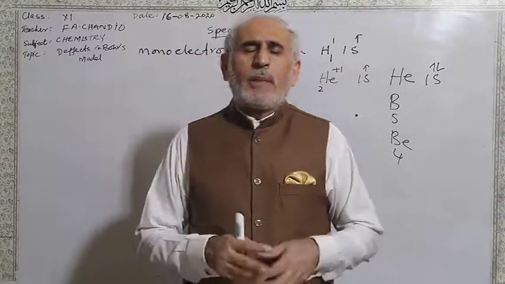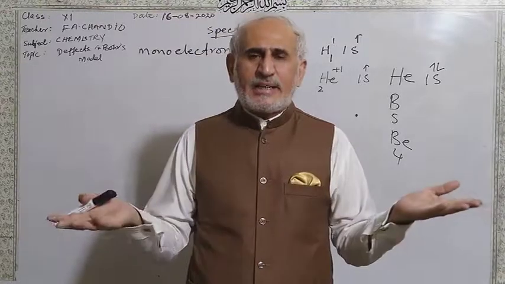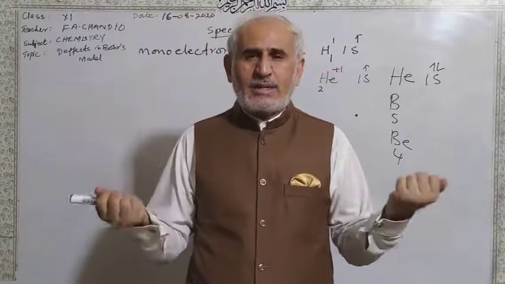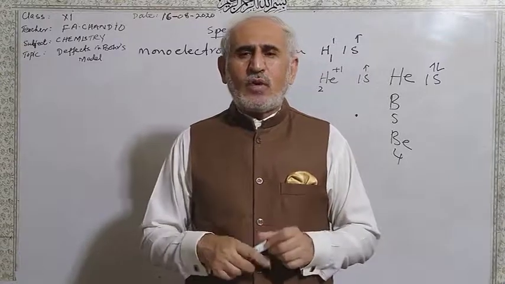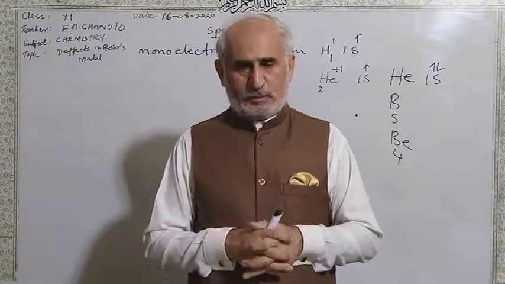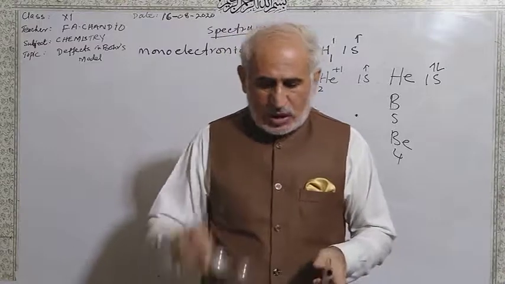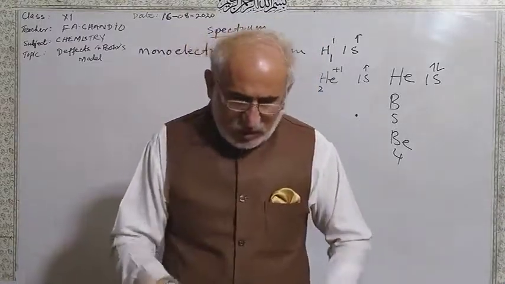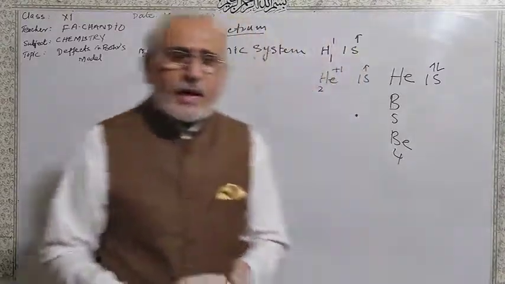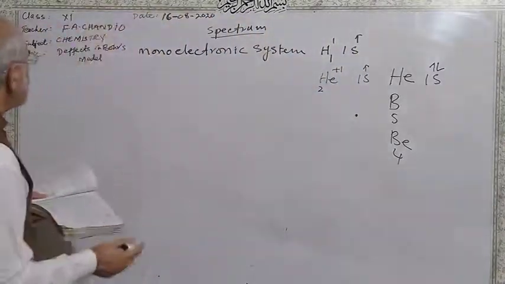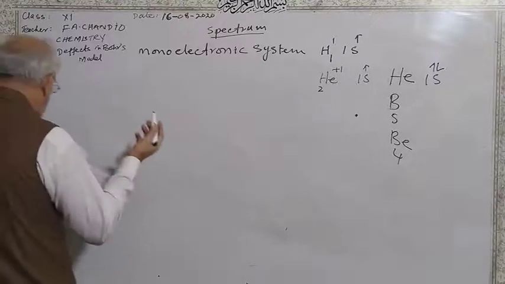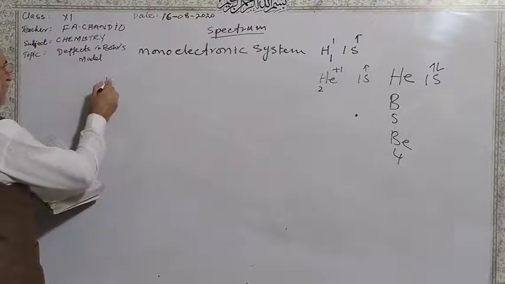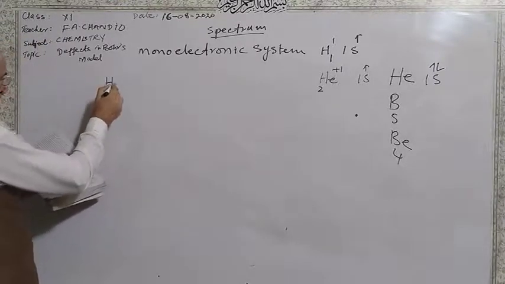Now, dear students, the majority of scientists think that the electron is revolving in three dimensions. When we study further, there are many scientists, and one of the important and very effective scientists is Heisenberg.